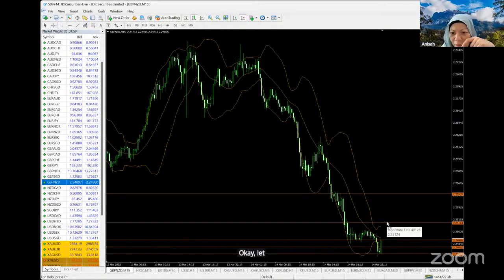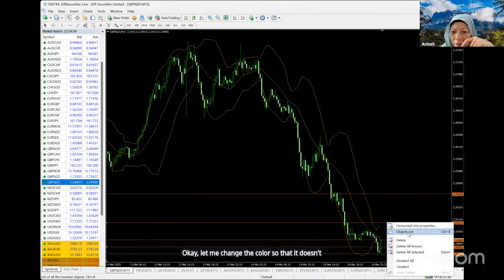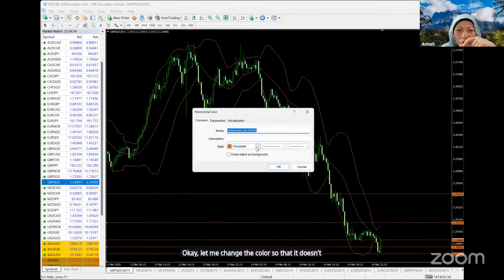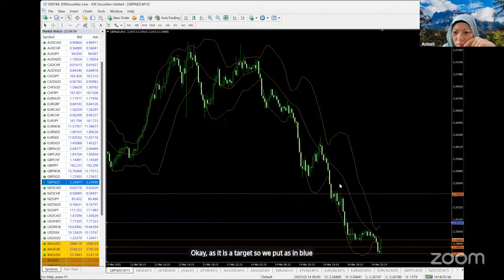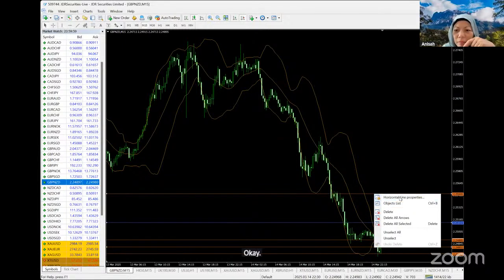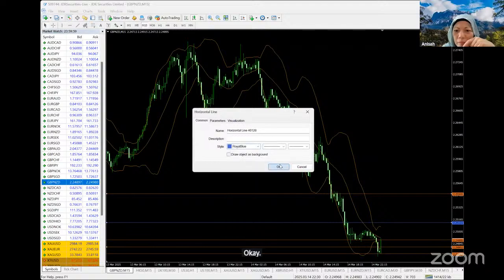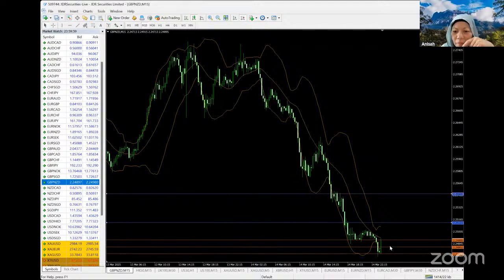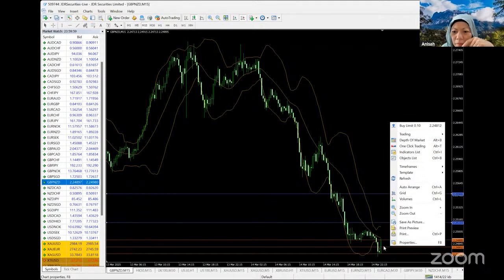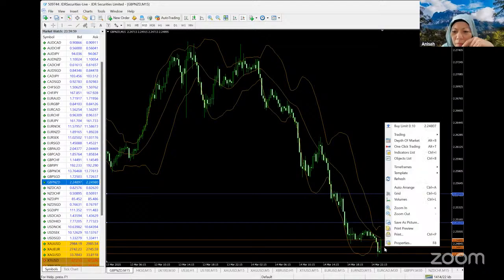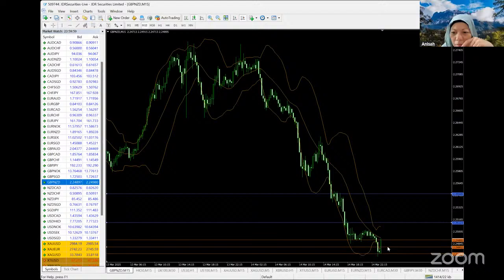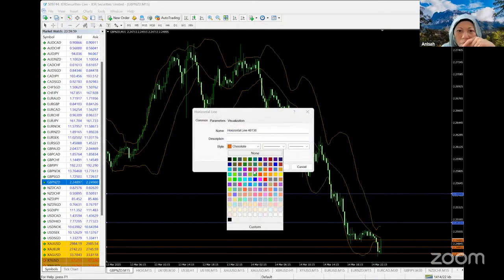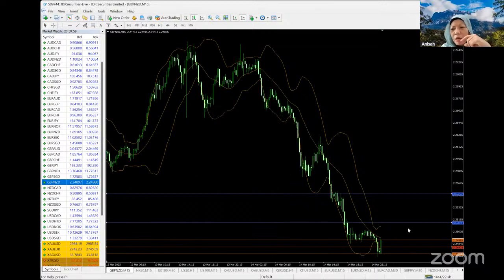Let me change the color. As it is the target, we put it in blue. The red is your cut loss level.